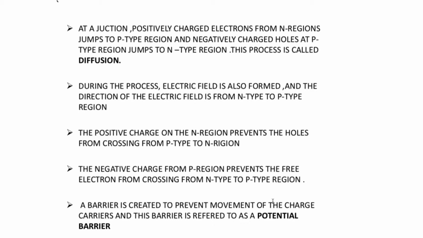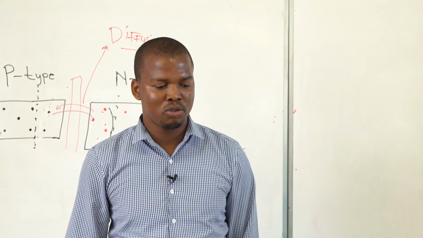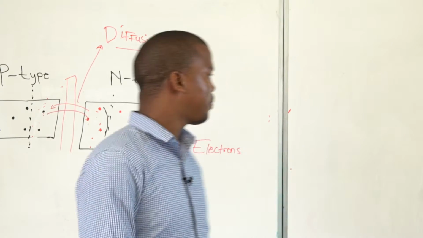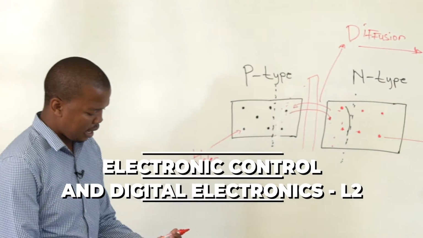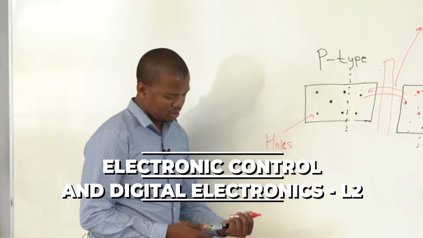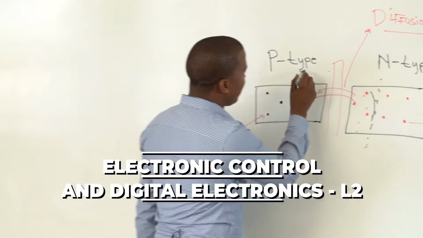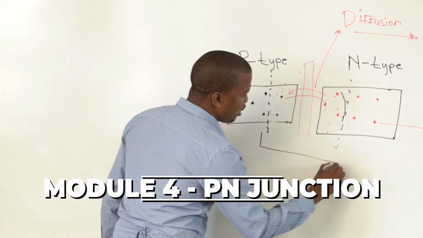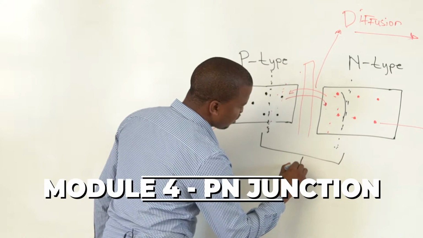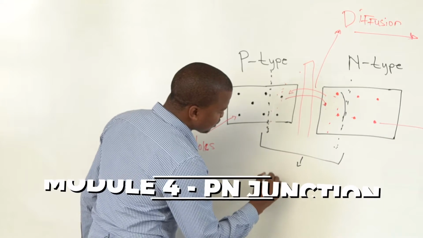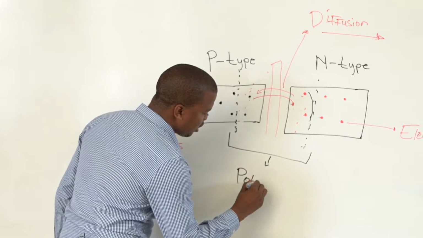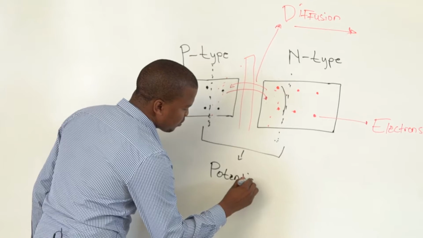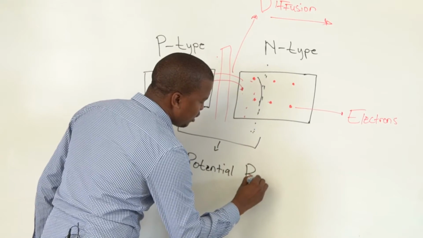A barrier is created to prevent a movement of charge carrier, and the barrier is referred to as a potential barrier. This is the barrier that I am referring to, going back to my board. This is the barrier I am referring to. This barrier will be called potential barrier.